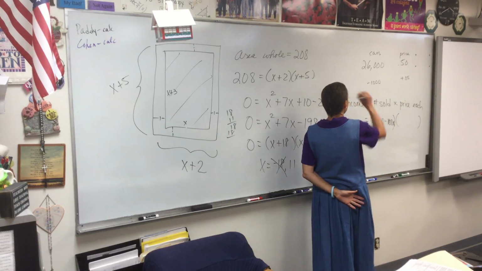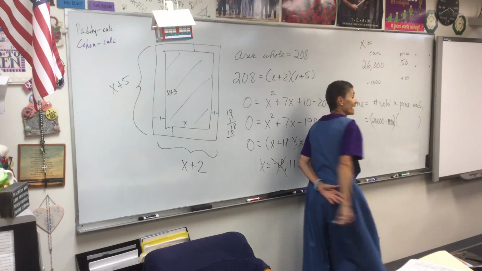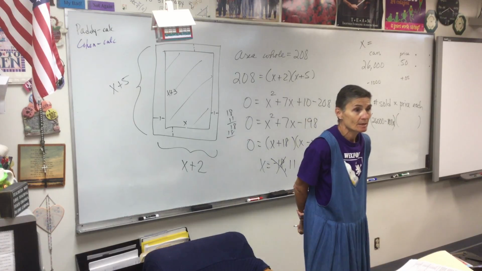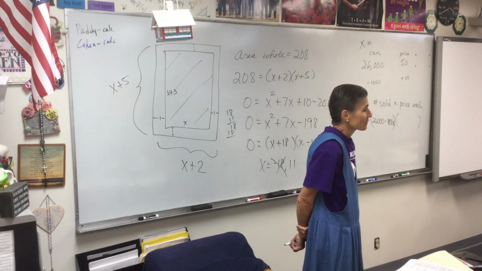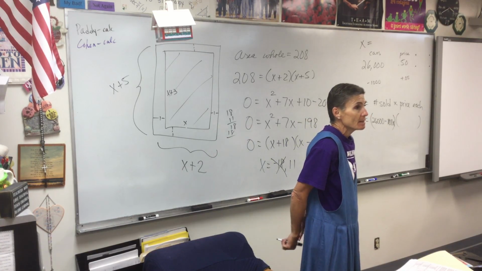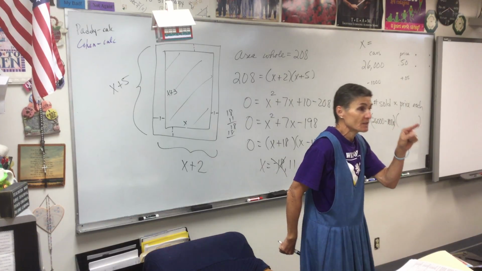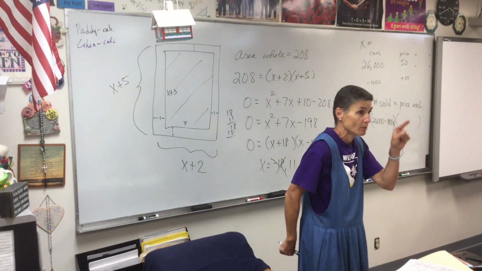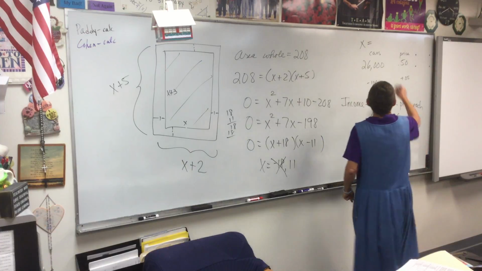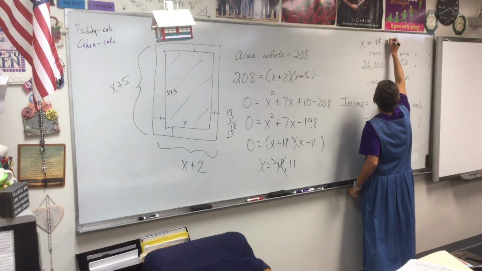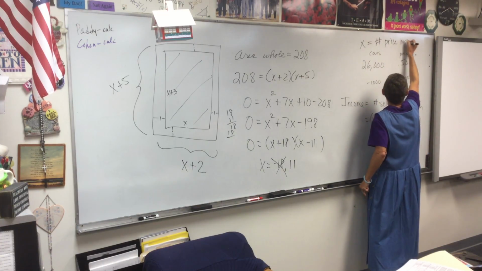Why is it 1,000x? What are you letting x stand for? Not the cans lost. The increments of price. The number of times we change the price. That's exactly right, Patty. The number of price increases.